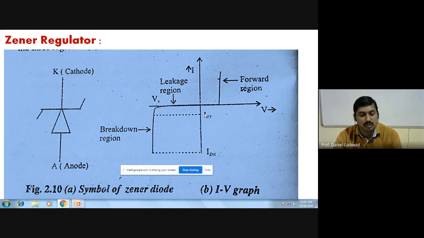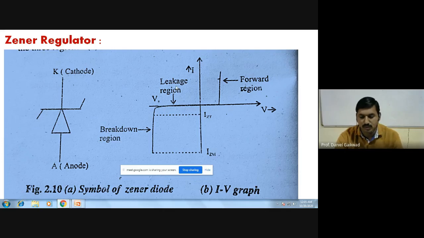So it is one type of special diode which is generally used in reverse bias. So check carefully, we have the forward bias, and the third quadrant will be in reverse bias, and that condition is called the breakdown condition. This concept of breakdown we have already learned in the 11th standard.